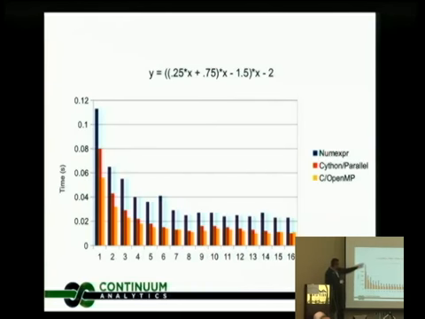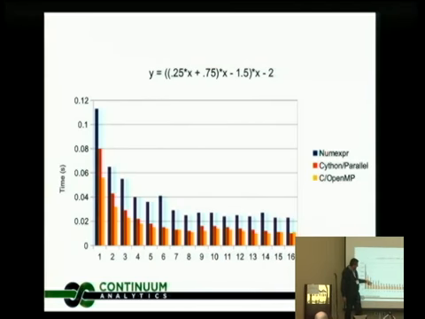We can see that in general, Cython parallel, when using only one processor, has some overhead with respect to the C implementation. But when you start to use several processors, the performance of Cython parallel is very close to the maximum performance that you can achieve with C and OpenMP.